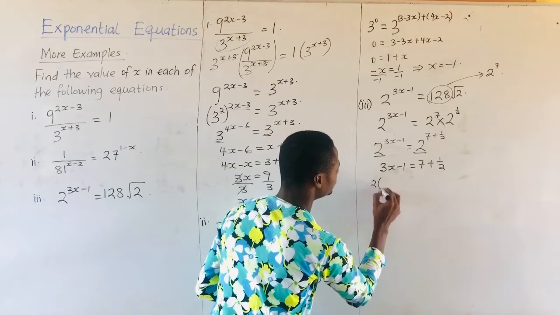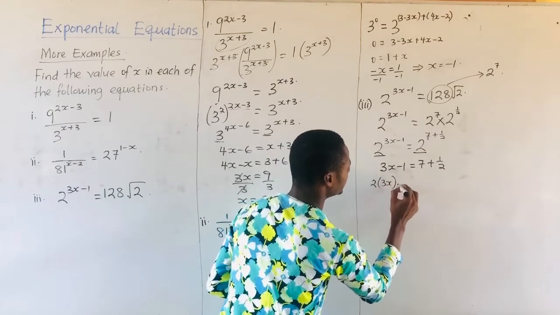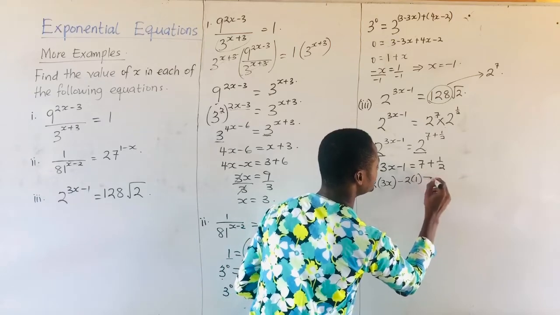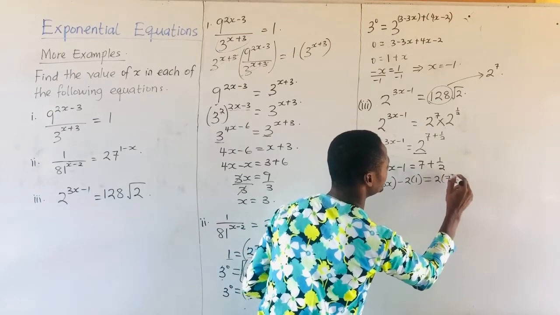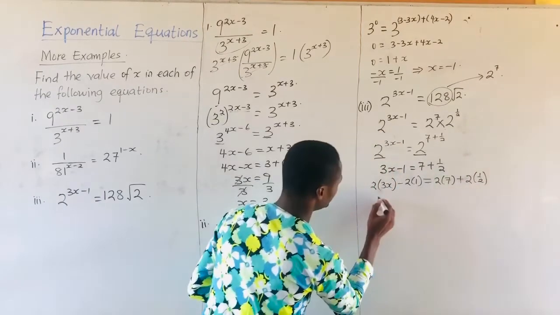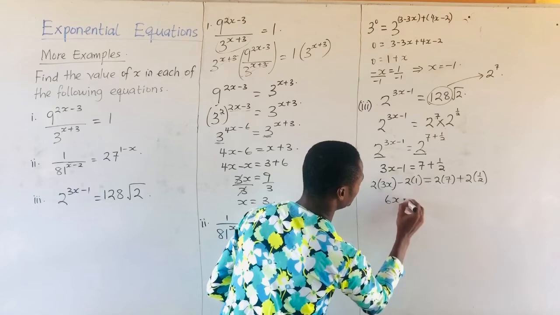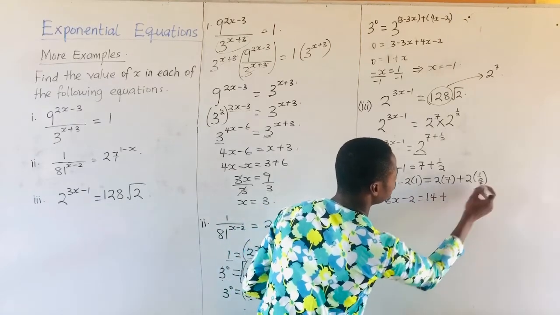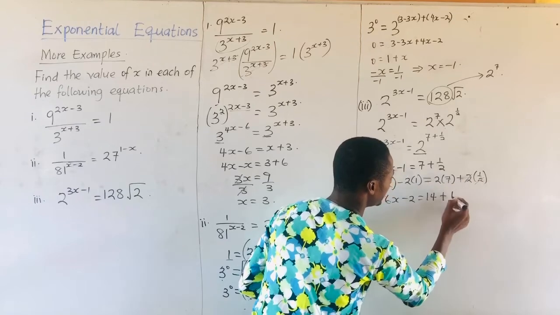So we will have 2 times 3x minus 2 times 1 is equal to 2 times 7 plus 2 times half. And so we will have 6x minus 2 is equal to 14 plus 2 cancels 2, and we have 1.